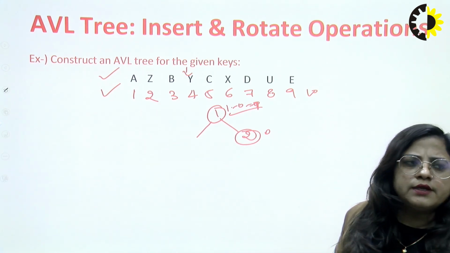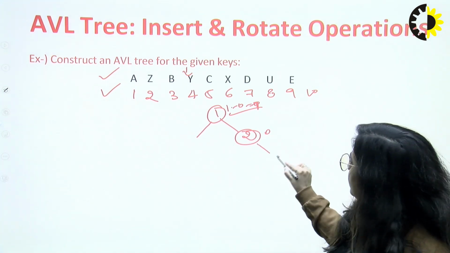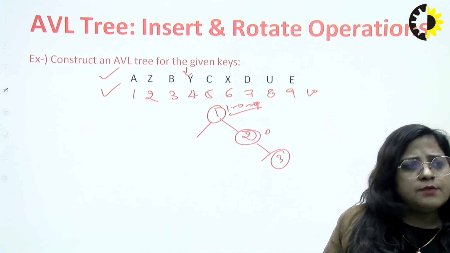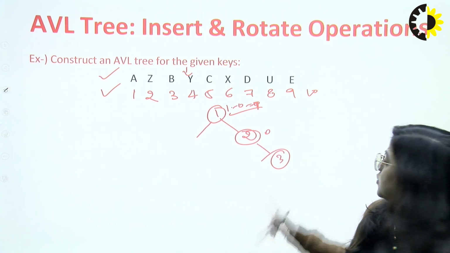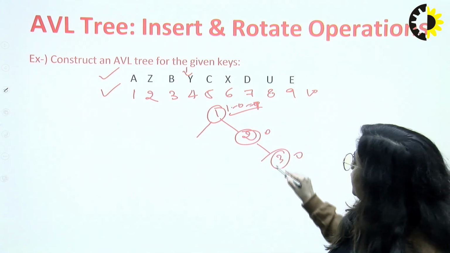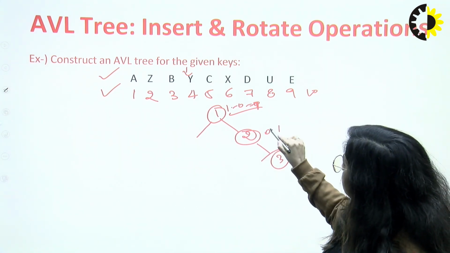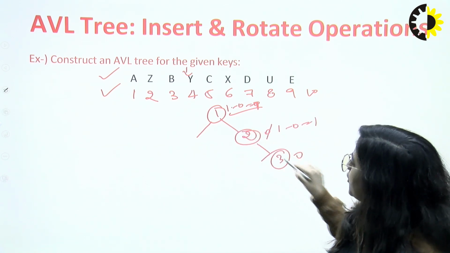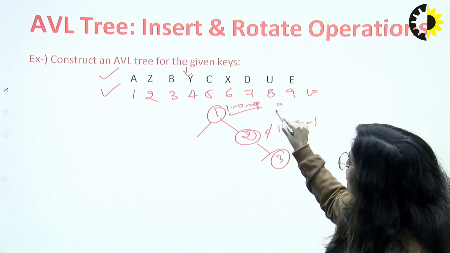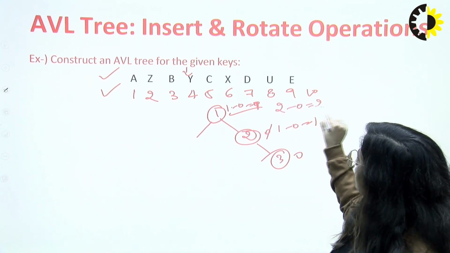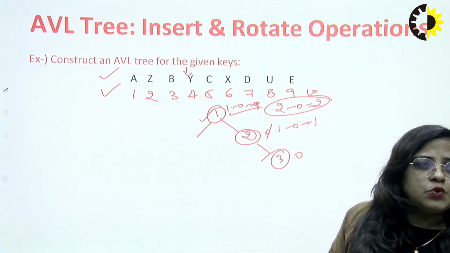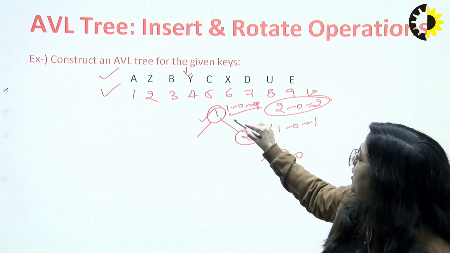Now we'll come to 3, and 3 is inserted here. Now check the balance factor again and update the last balance factor of each node. So this is 0, and according to this, right is 1 and left is 0, equal to 1. According to this, right is 2 minus 0, equal to 2. So the balance factor is 2 here, so we need a rotation. Which type of rotation is required here?